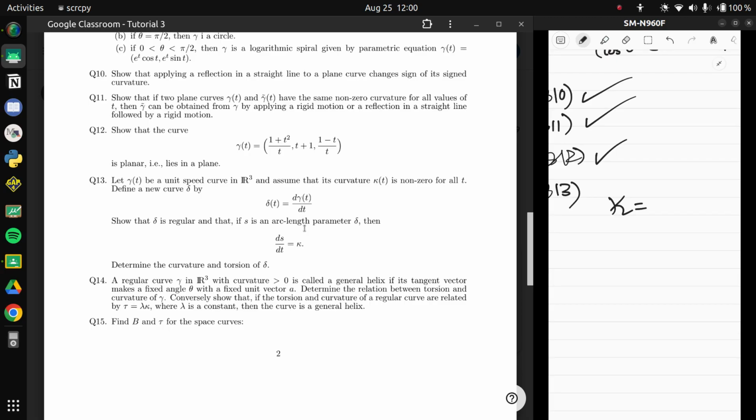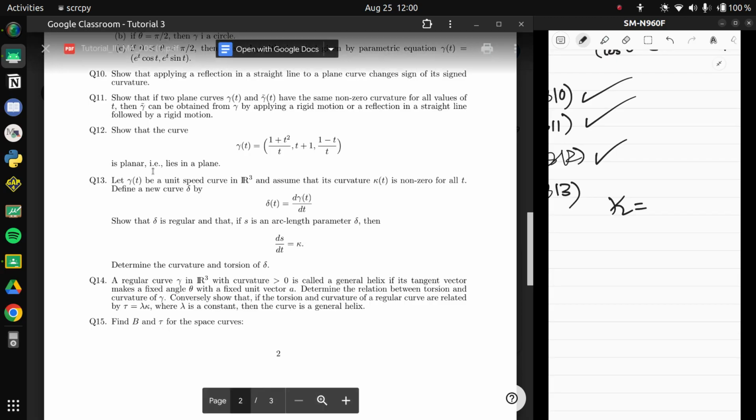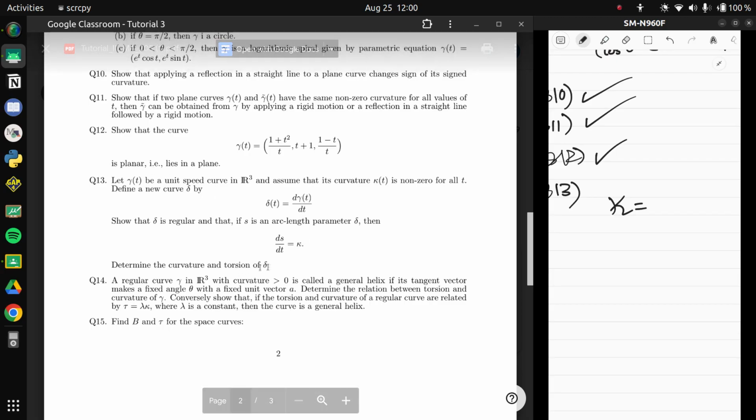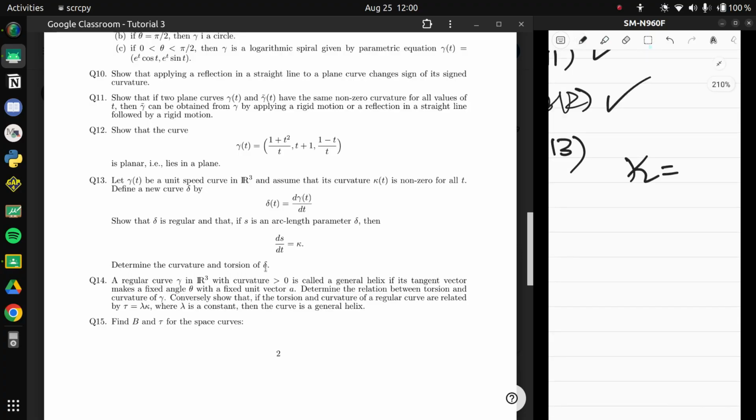Oh, so this is the curvature of gamma. We want the curvature of delta, right? Wait, so delta is unit magnitude. Oh, it's a circle, right? Wow. So just the radius of this thing.